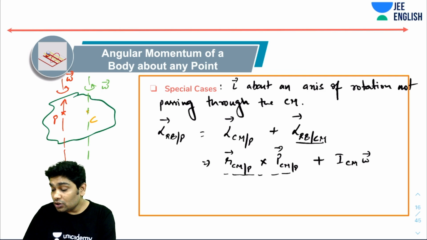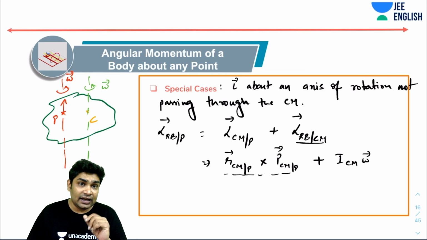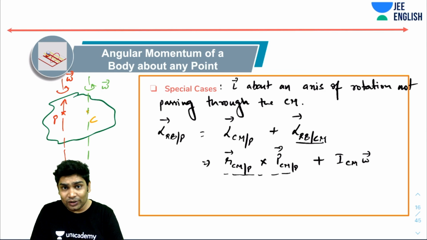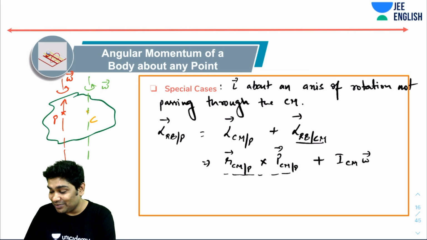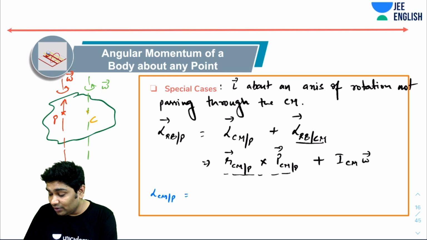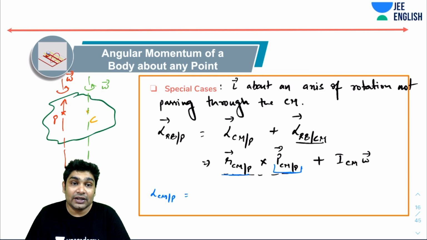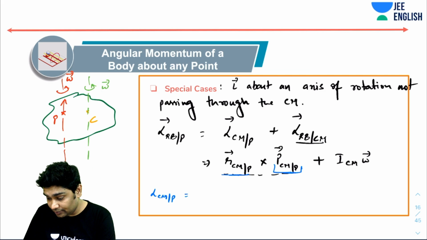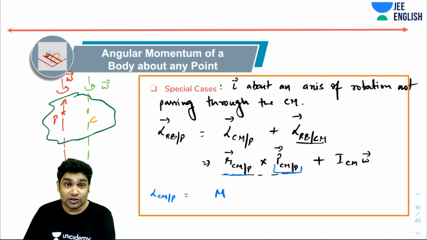Okay, so you will realize since there was pure rotation, let's talk only about the magnitudes. So what will I see if I only talk about the magnitudes? L of CM with respect to P: this will be the total mass times the velocity of the CM.